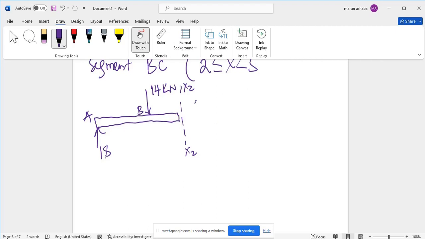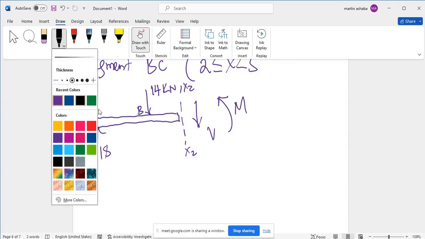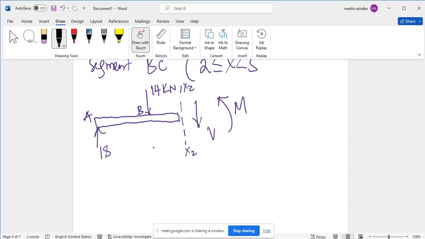So here also, I will have a shear force and a bending moment M. Let me pick another pen. Now, what happens here? I have a 14, and now from A to this section, distance X, I have to look for the vertical forces.